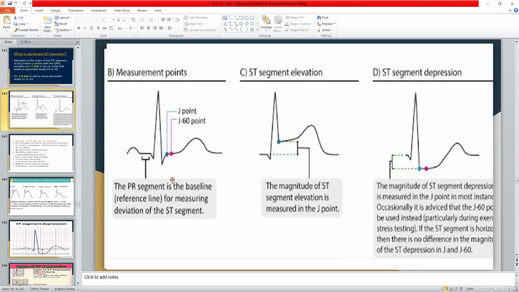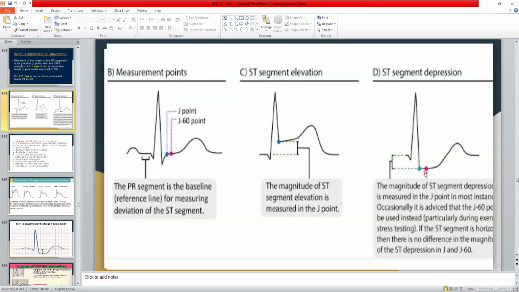This is the normal ST segment. In case of ST segment elevation, the ST segment is elevated. You have to count from the J point and make a horizontal line. This will be the magnitude of ST segment elevation.